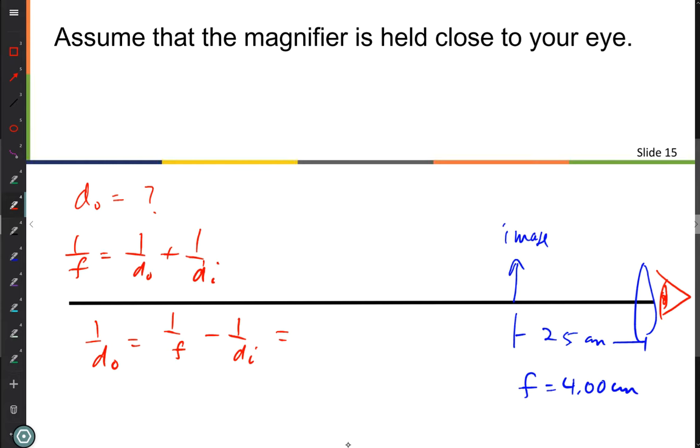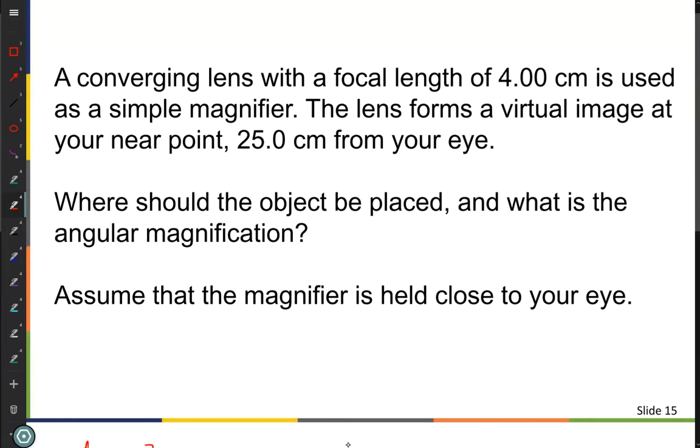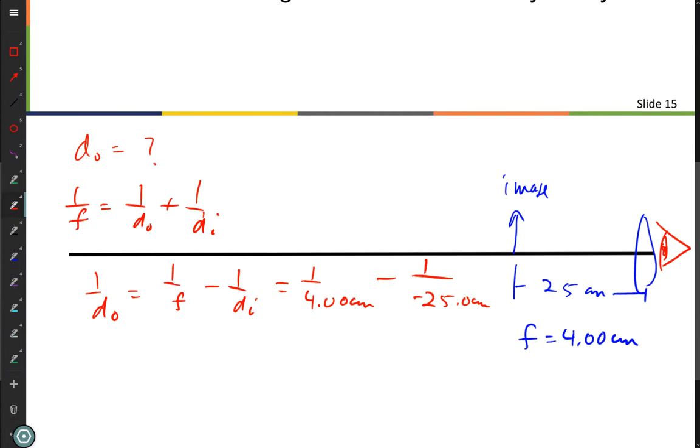So my focal length, what's the distance image here? Negative, thank you. Negative 25, and it probably has a 0.0 centimeters, doesn't it? Yep.